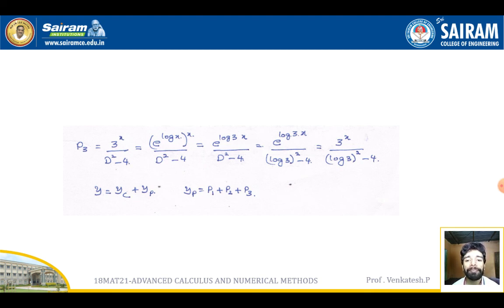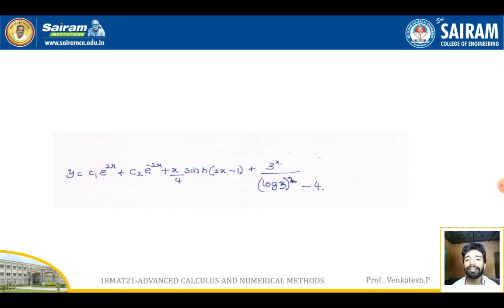So now combining this, the complete yp is p1 plus p2 plus p3. Add all these p1, p2, p3 values and we will get yp. And to get the complete solution, I am going to write y is equal to yc plus yp, combining the complementary function with the particular integral.